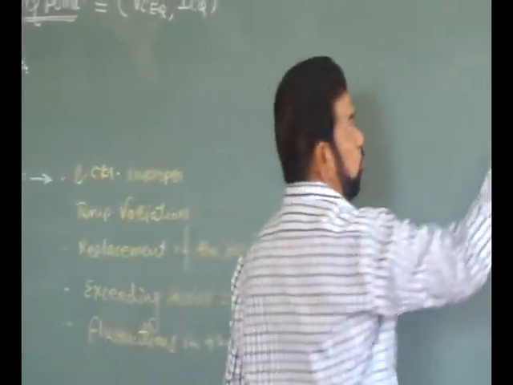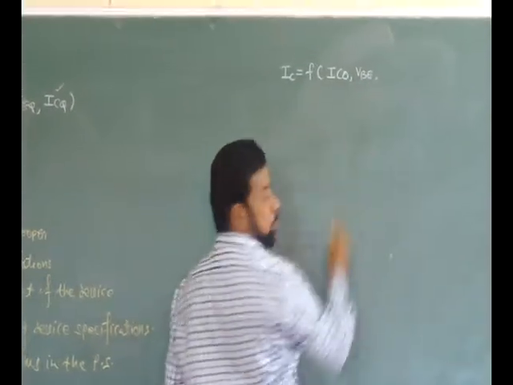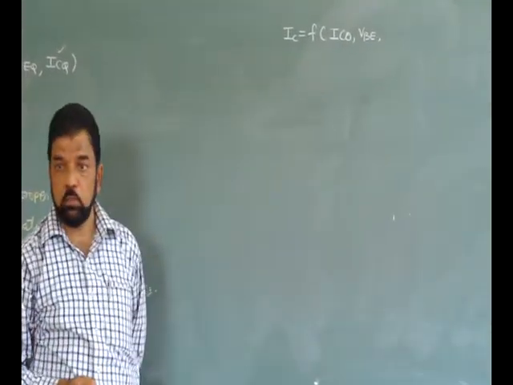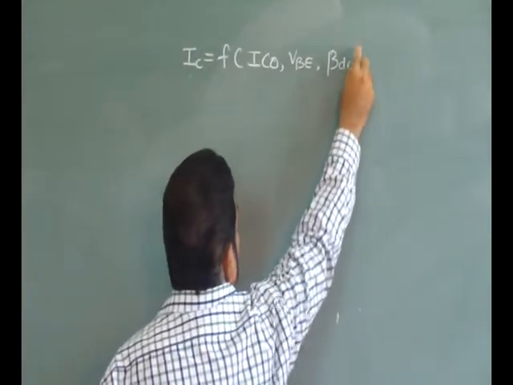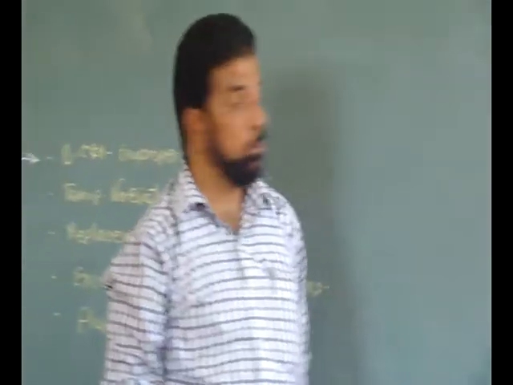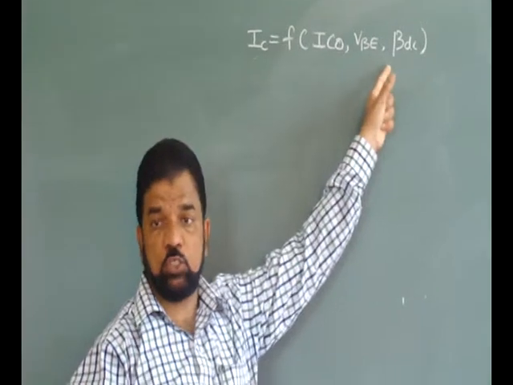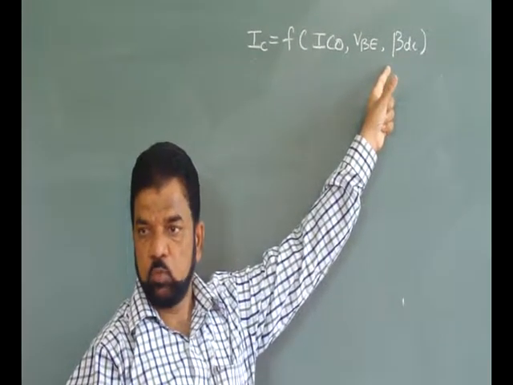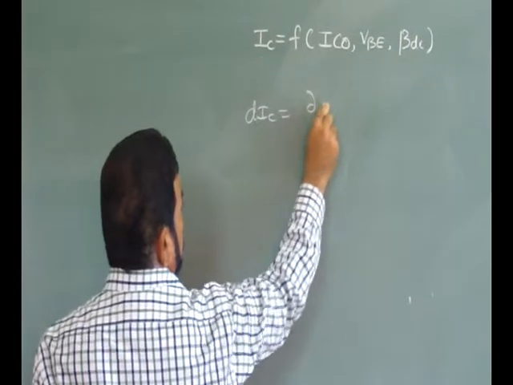It is a function of base to emitter voltage, because ultimately your base current is a function of VB. And one more term I will take, beta DC or HFE. That means this collector current varies if these parameters are changing. So if I differentiate this way, change in IC is because of these terms.